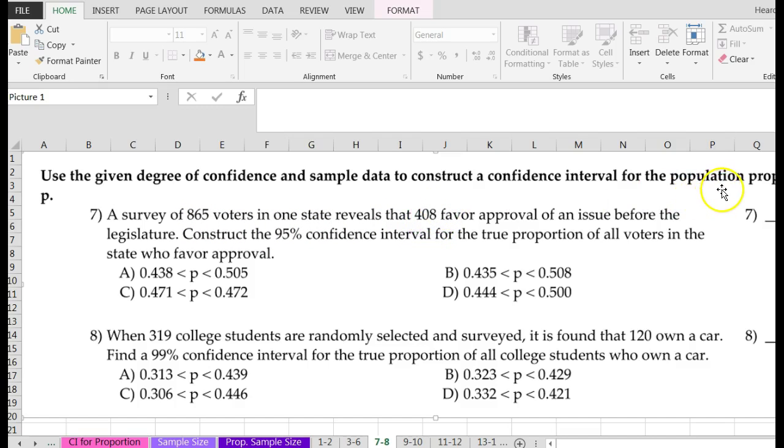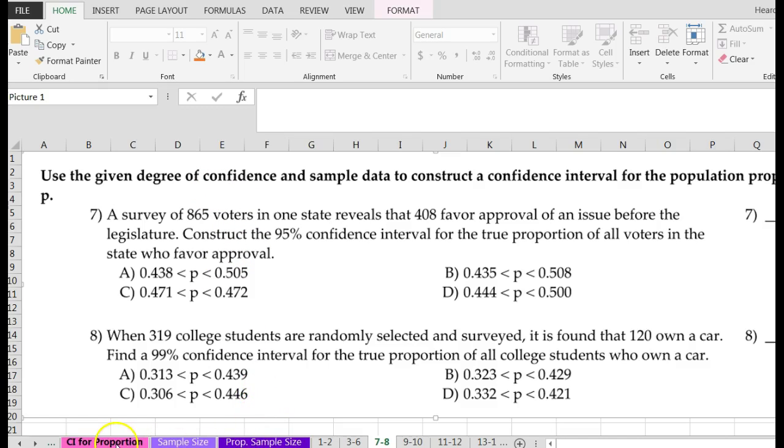So my sample size would be 865. My proportion would be 408 over 865. So I need a 95% confidence interval.